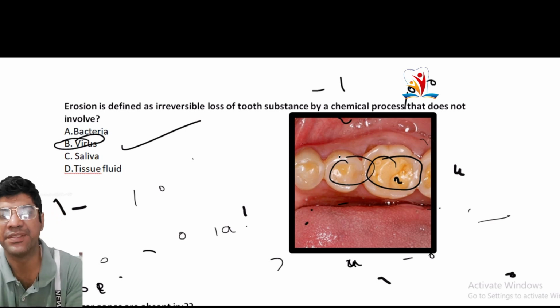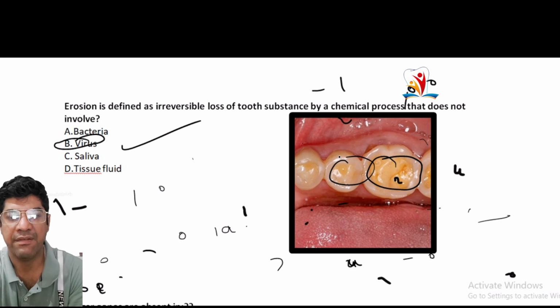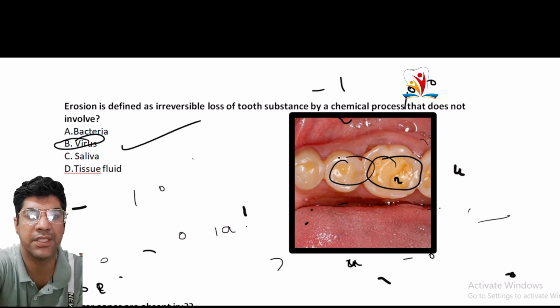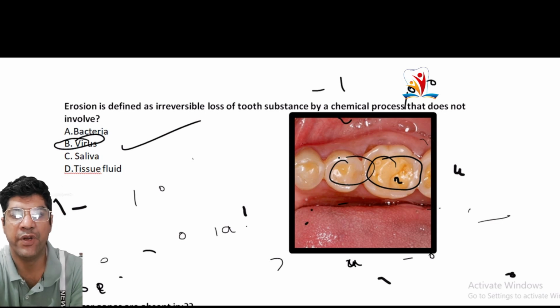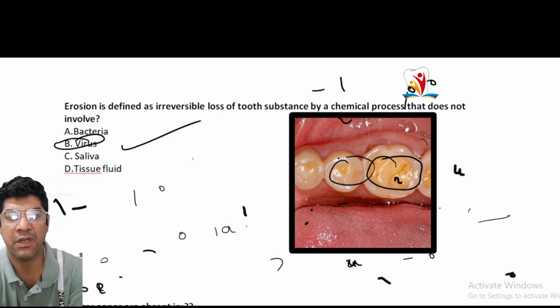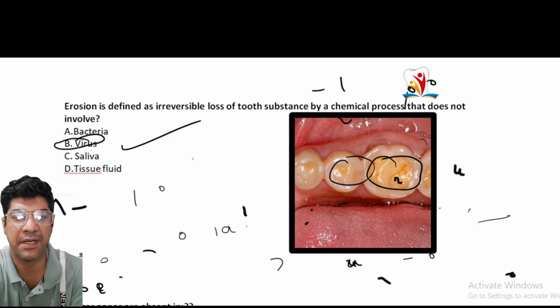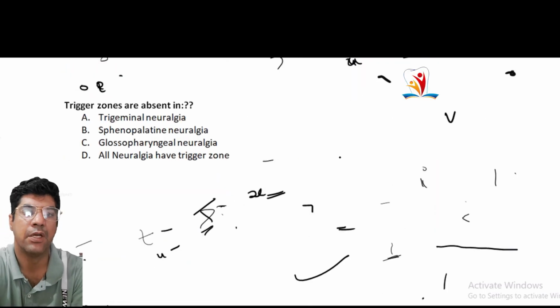Bacteria can produce acid. Saliva plays a protective role by neutralizing the acid and providing some degree of protection. And tissue fluid can be involved in the erosive process, as it can transport acidic substance to the tooth surface.